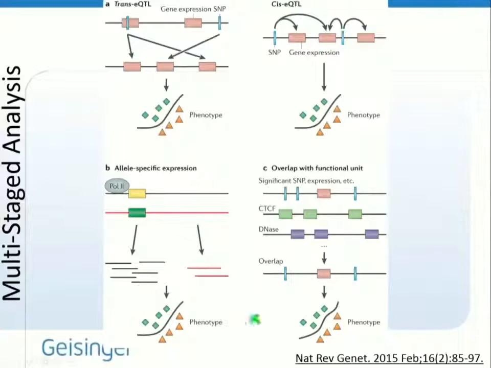Also looking at allele-specific expression, also doing kind of overlap studies with functional units, where you might take SNPs and then you see how do they overlap different types of sites in a very linear hierarchical way. And then you, based on those results, look for associations with some phenotype of interest. These examples are showing a binary or case control type phenotype, but many of these methods are applicable to quantitative traits as well.